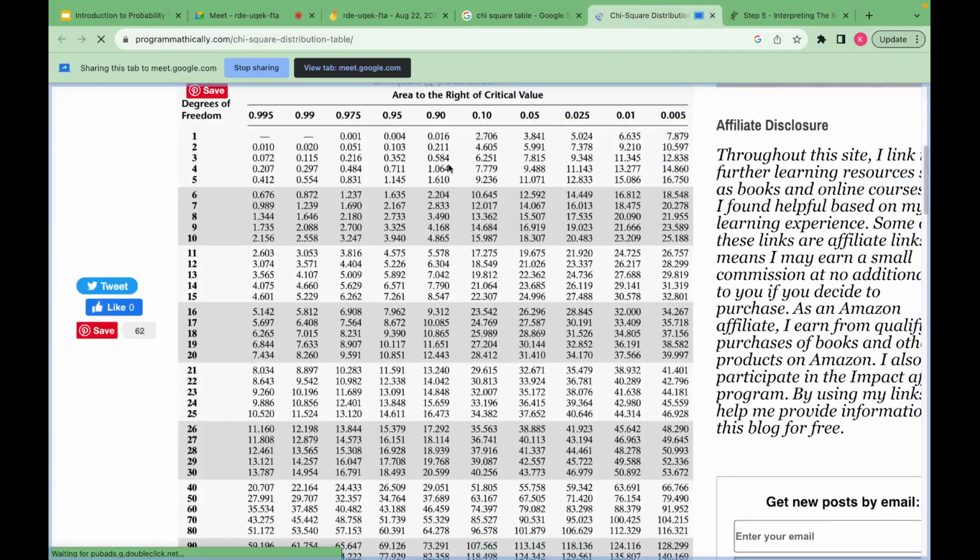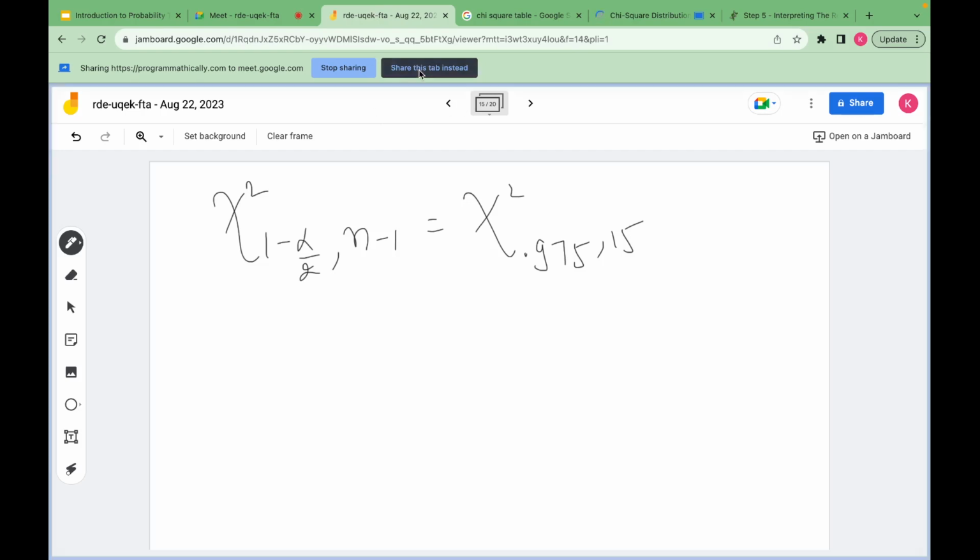So for chi square 1 minus alpha by 2 with n minus 1, we need to find chi square for 0.975 with degree of freedom 15.